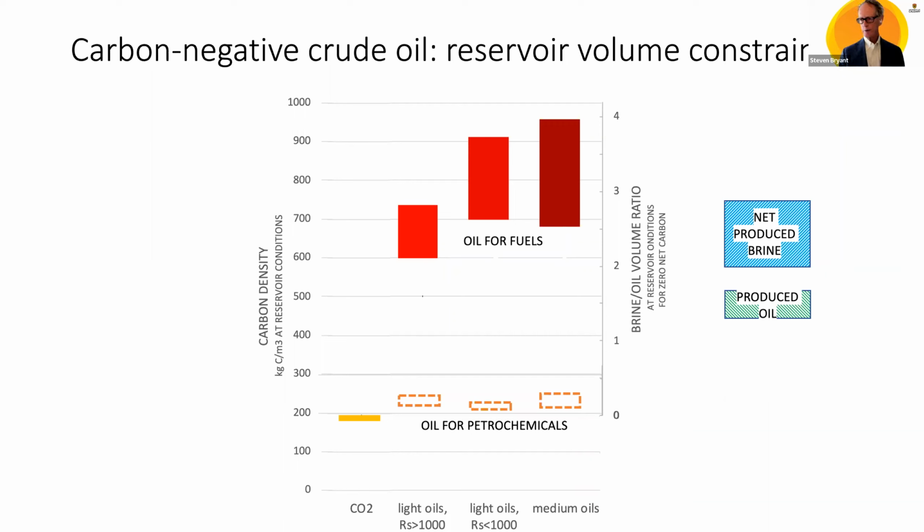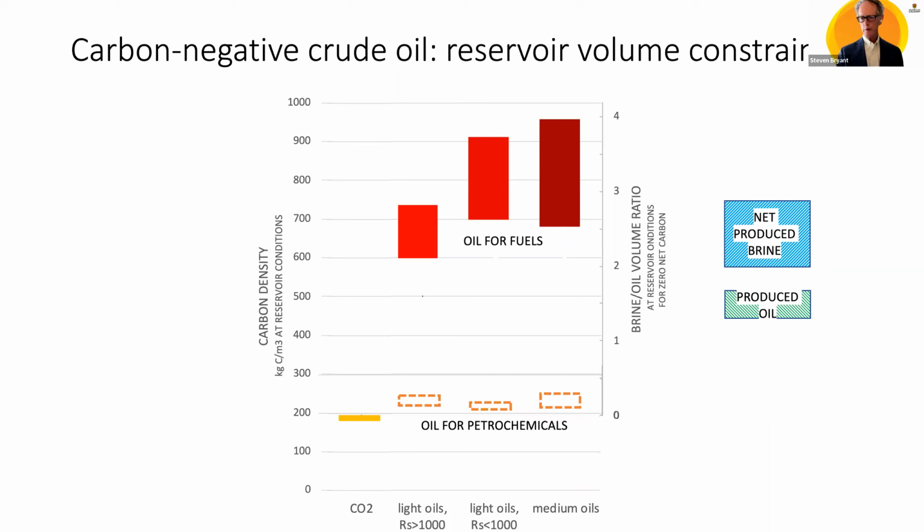The right-hand vertical scale here is the ratio of the reservoir volume of brine that was disposed somewhere else to the reservoir volume of oil, at which we reach a carbon balance, carbon neutral. The amount of CO2 stored in the reservoir that came from the atmosphere is equal to the amount of CO2 that will go into the atmosphere as we produce, refine, and combust that oil.